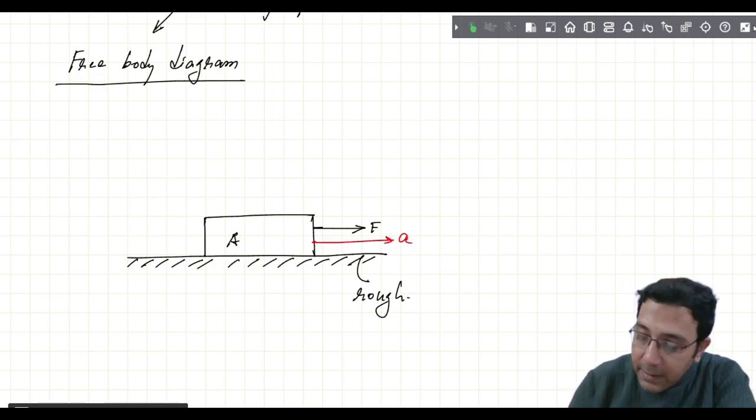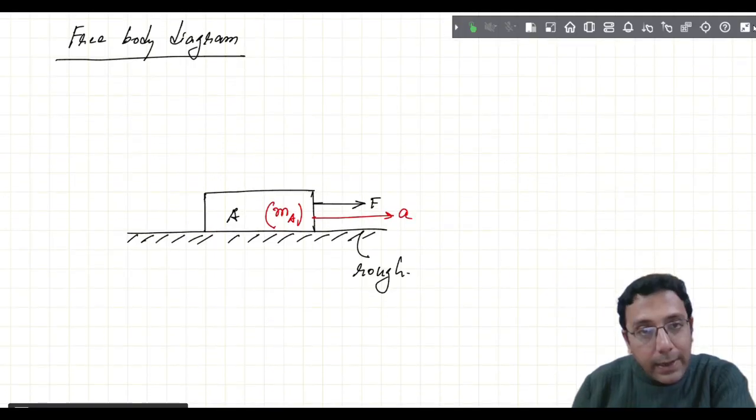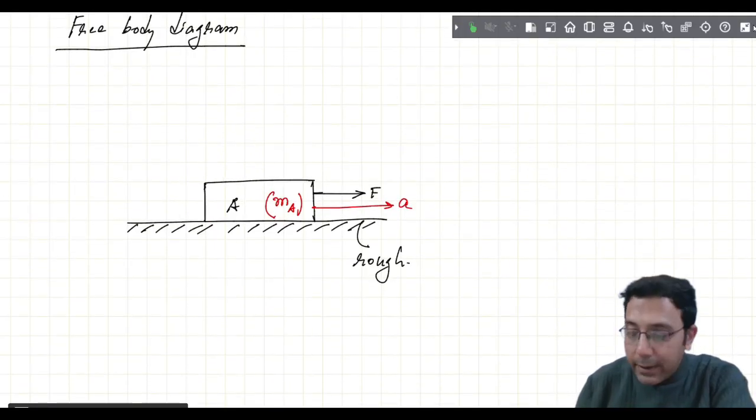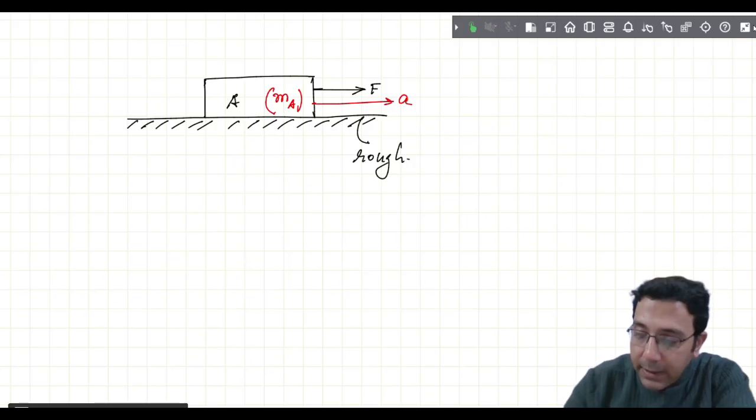Let's say the mass of the body is MA. So what will be the free body diagram? How did we learn to draw the free body diagram? Let us draw this body separately.